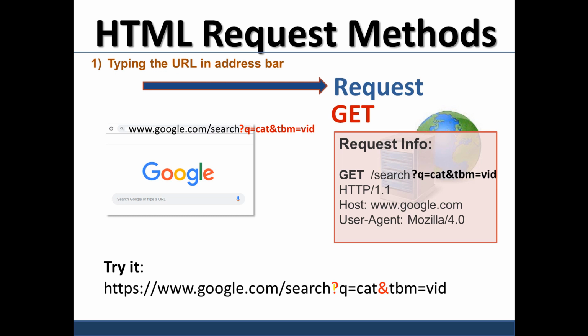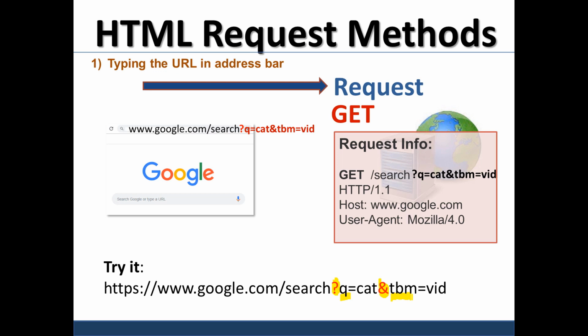Notice that the list of parameters is separated from the rest of the URL by a question mark. This is part of the syntax. The parameters are separated from each other by an ampersand. The names of the parameters are not arbitrary. They must match the names that the program in the web server is expecting.